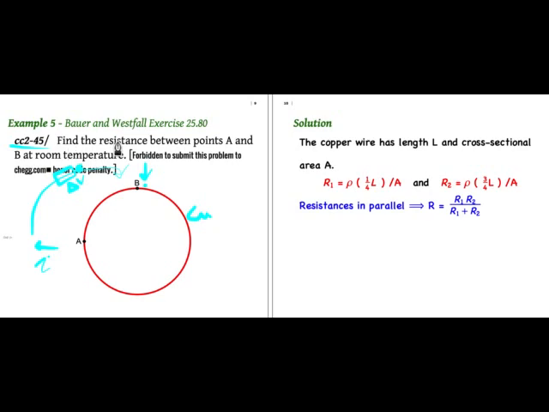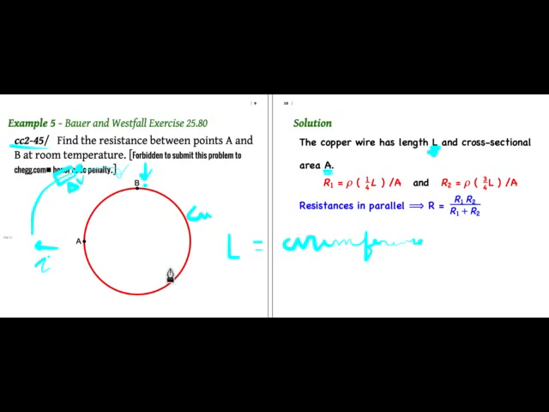All right, so we have to calculate the resistance between two points. Let's say the wire has length L and cross-sectional area A. So the circumference of this circle is L. It's just the length of the wire, the copper ring.